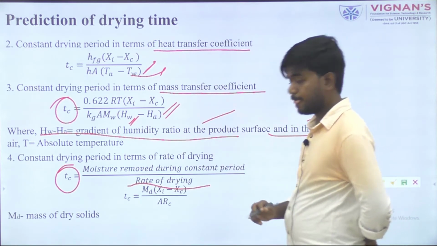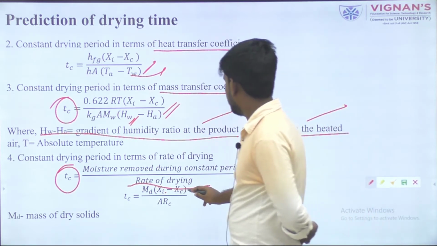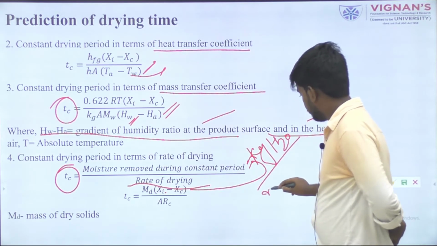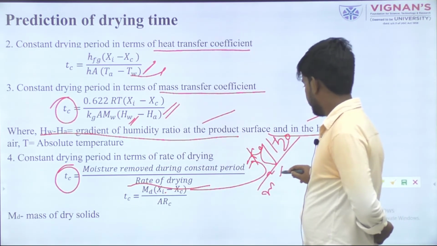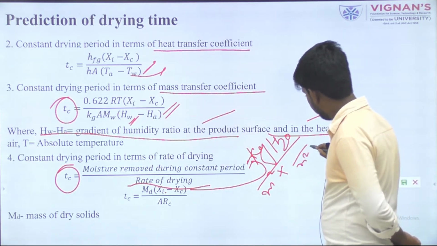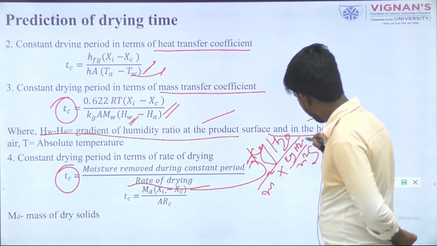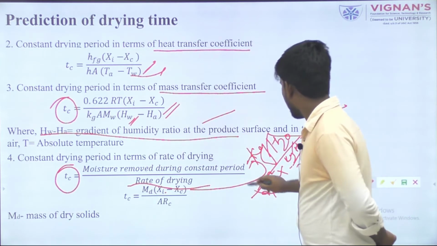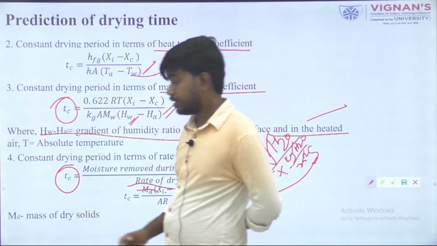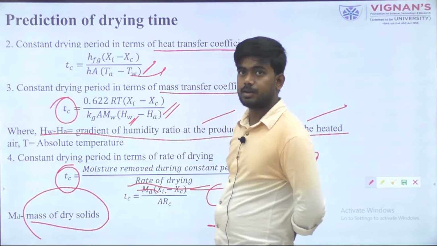If we assume the unit of water removed is kg, the area is in square meters, and the rate is simple, then the time value will become this. Here md is the weight of the dry solid after completing this entire process.